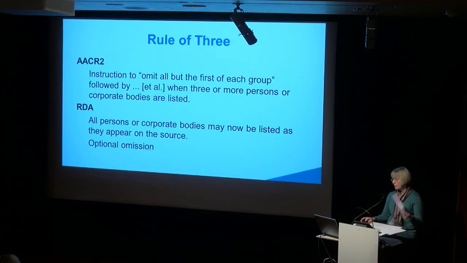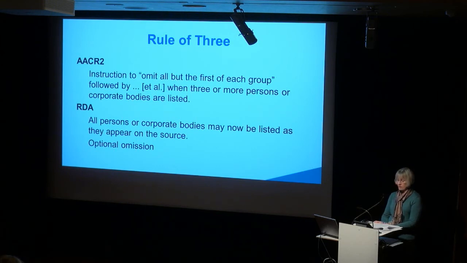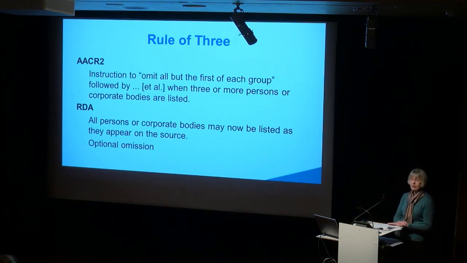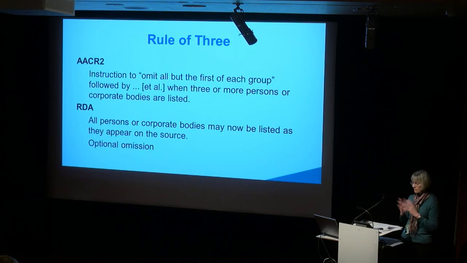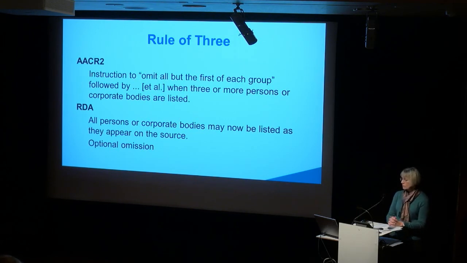Now, the old rule of 3. Omit all but the first of each group, followed by et al, when 3 or more persons or corporate bodies are listed. And I think any cataloguers here probably would have always liked that. When you had 6 different authors, you could just truncate it and it was just less work to do.